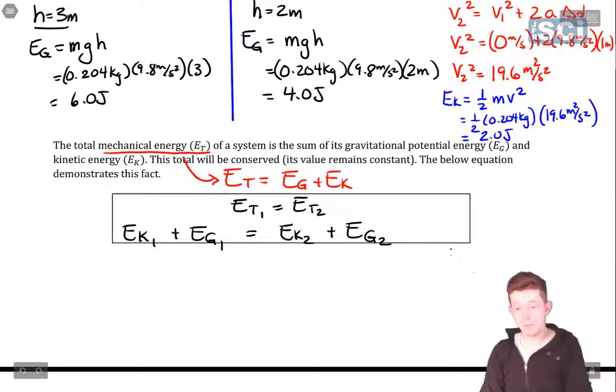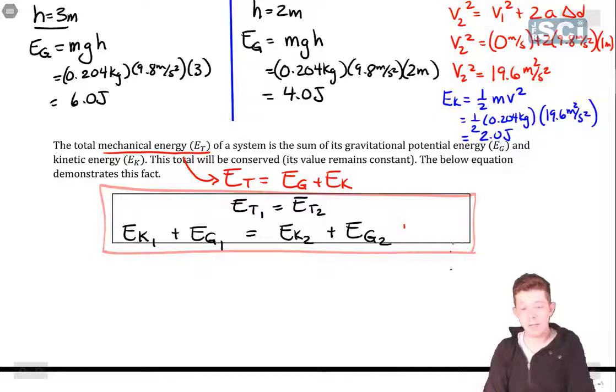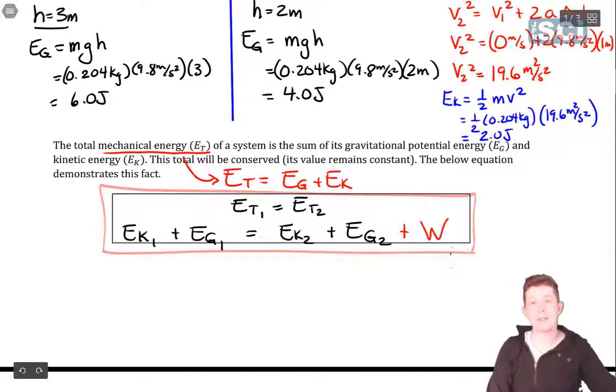So this is what we mean by the law of conservation of energy. It says that energy cannot be created nor destroyed. It just transfers from one form to another. Okay, so in some expressions, we might have the case where we're losing energy due to friction or sound or light or some other source, and we write that as plus work.